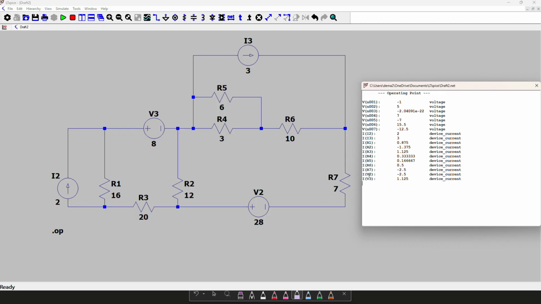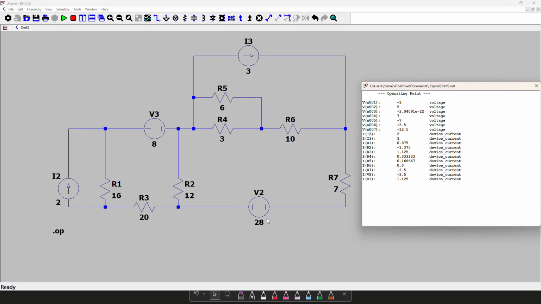And we could also see that through V2 right here, it's this 2.5 amp current that's passing through it. And essentially what this proves is that our answer of V2 or V out equating to 28 volts generates a 2.5 amp current through it. So as a result, this makes sure that part 2 of our solution was correct.